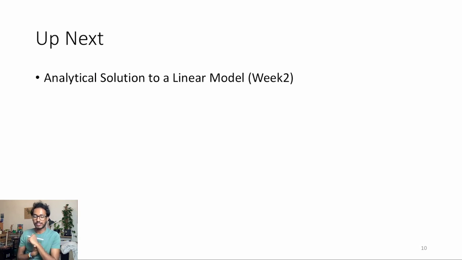Then under linear regression we talked about logistic regression, multivariate regression, multiple linear regression, and polynomial regression, and we talked about where to use these, where not to use these, and some simple applications. In the next lecture we'll be looking at an analytical solution to a linear model, and we'll be doing some coding exercises as well.